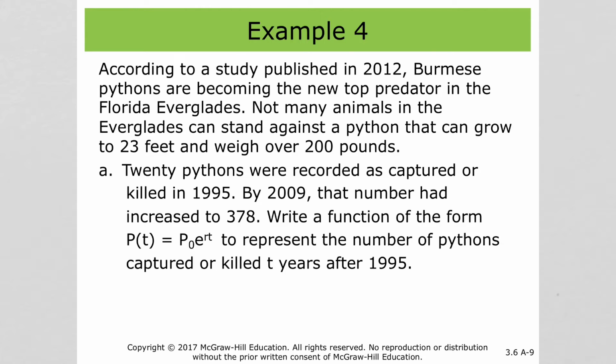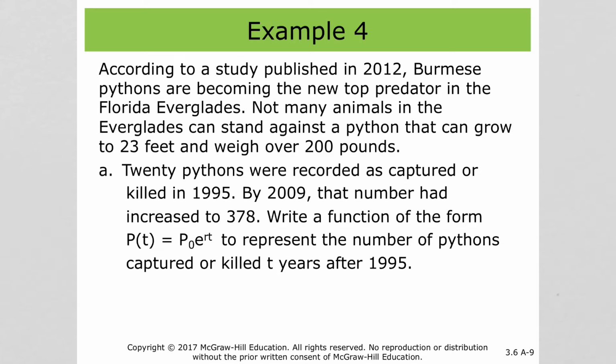Example 4 says, according to a study published in 2012, Burmese pythons, that's a snake, are becoming the new top predator in the Florida Everglades. Oh, lovely. Not many animals in the Everglades can stand against a python that can grow 23 feet and weigh over 200 pounds. 20 pythons were recorded as captured or killed in 1995.